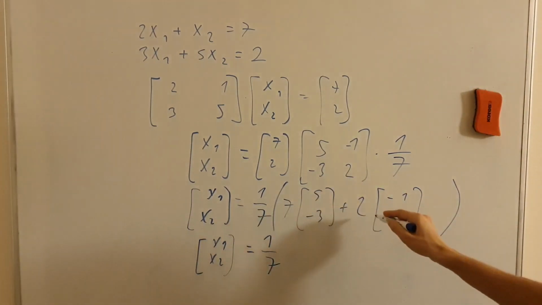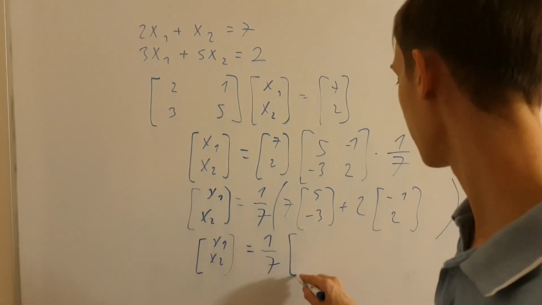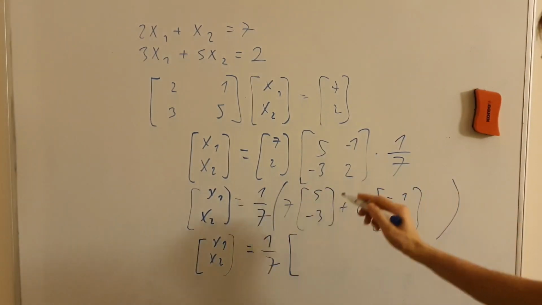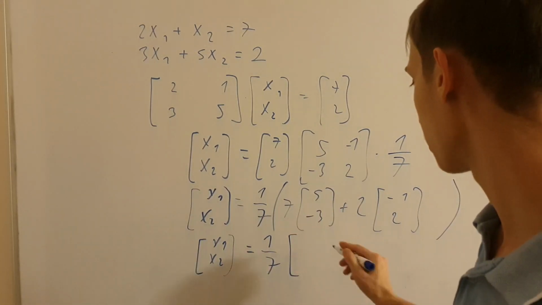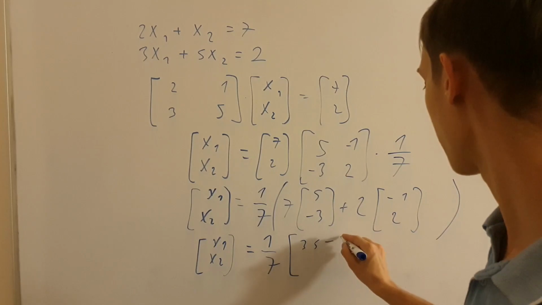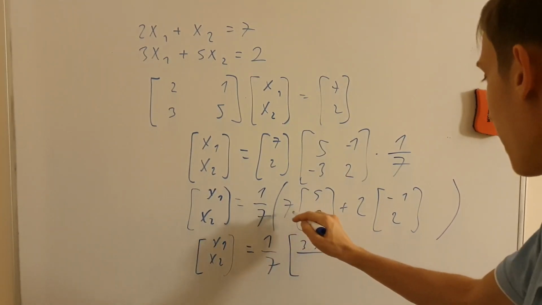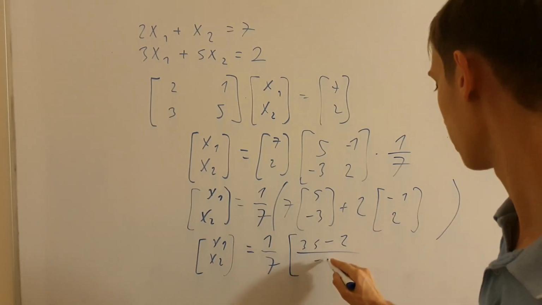These are constant multiples of those entries inside, so it becomes one vector together now, evaluated with numbers, so all add up together. So it's 35 on the top, plus minus 2, so minus 2, and down it's 7 times minus 3, so minus 21 plus 4, so it's minus 17.